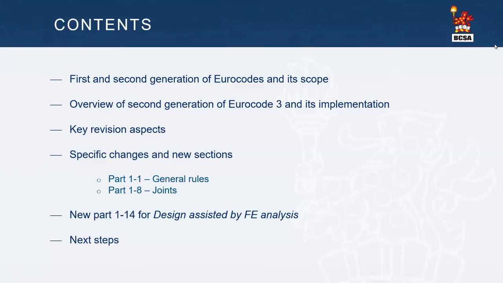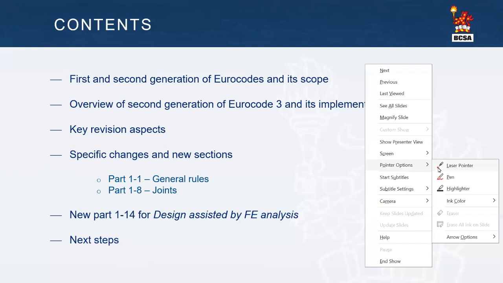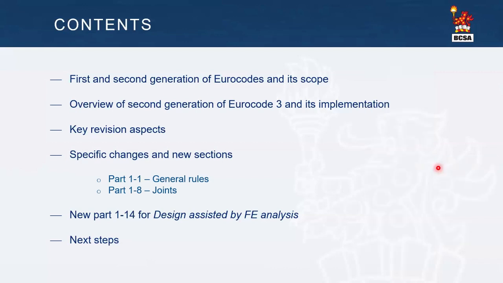And moving on to the slides, I'll first give you an outlook of the contents of my presentation. I'll start with a brief overview of the first and second generations of Eurocodes and their implementation. I will then highlight some of the key revision aspects and focus on the specific changes for parts 1.1 and 1.8.